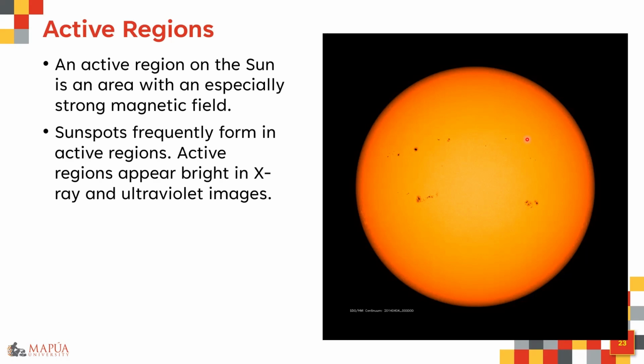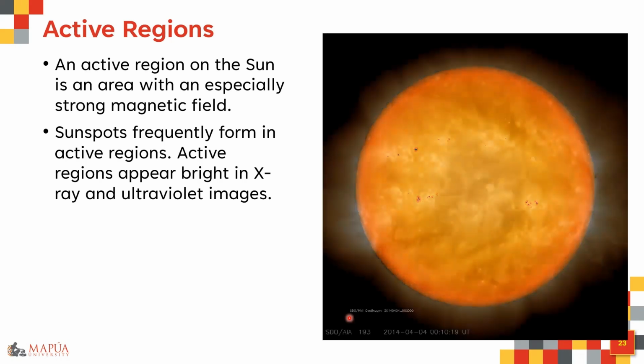For example, if you have a UV sensor or camera, or X-ray vision, these active regions will appear very bright. That's why the SDO, Solar Dynamics Observatory spacecraft, actually has other eyes, so to speak. They can observe the sun in extreme UV.